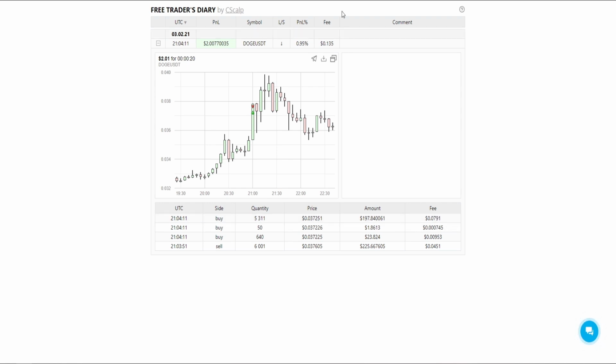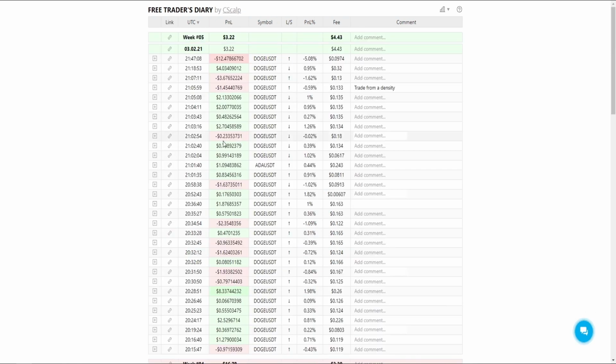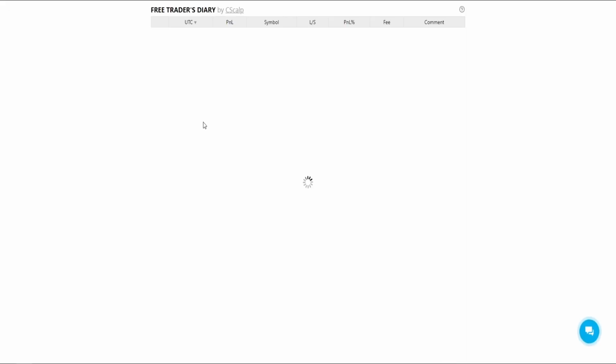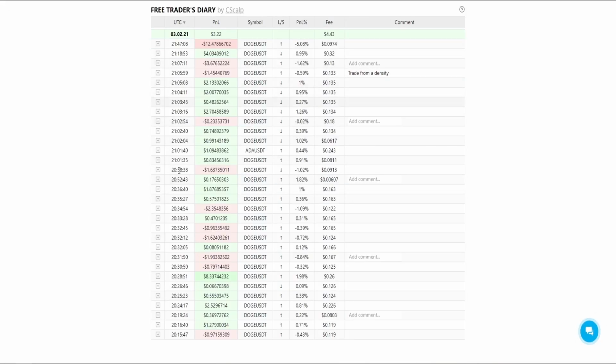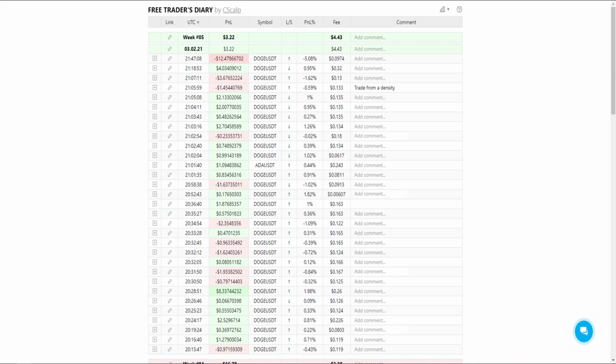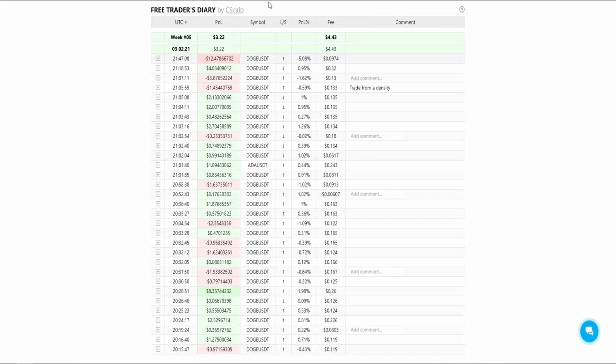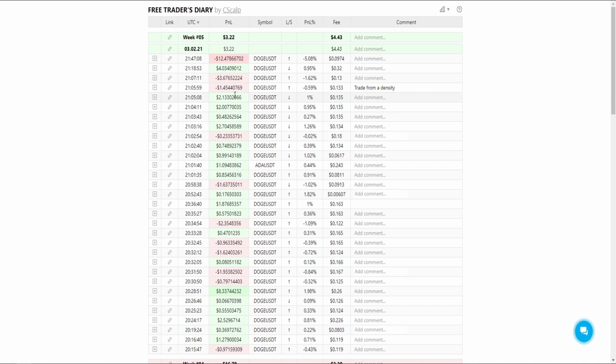As I said, you can also share a day like here, where all the trades and comments will be depicted, and weeks. All the statistics we can see here are almost the same.